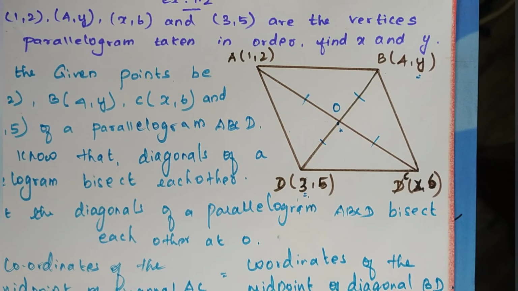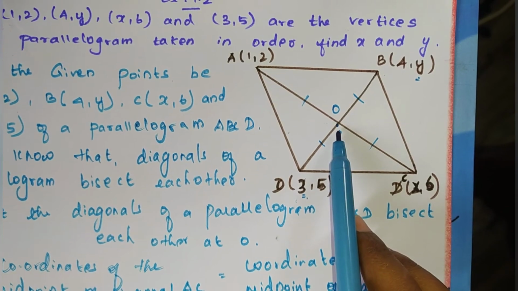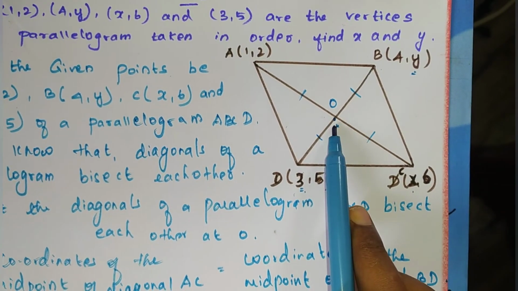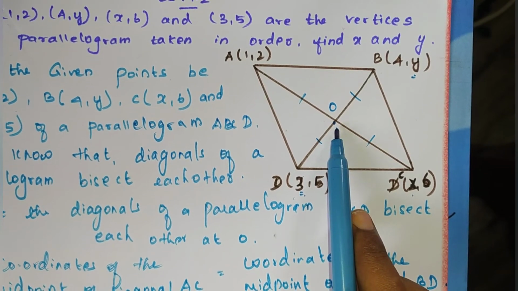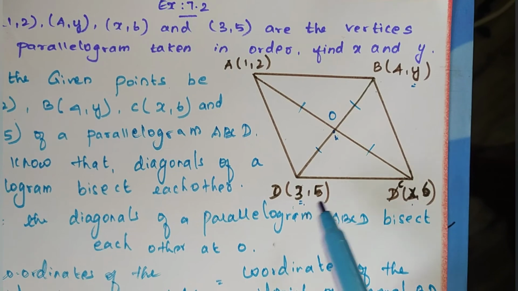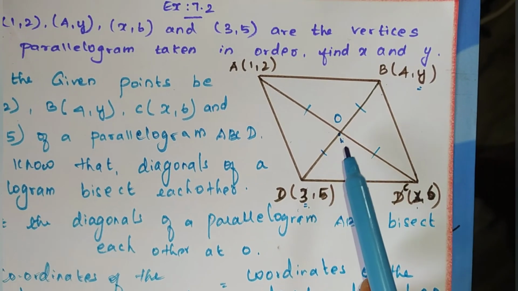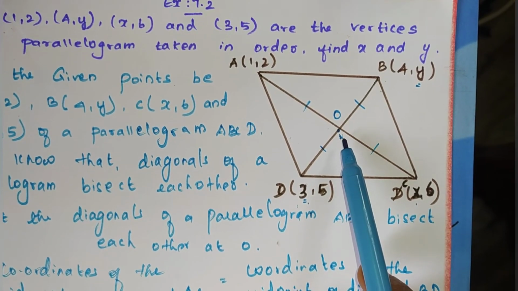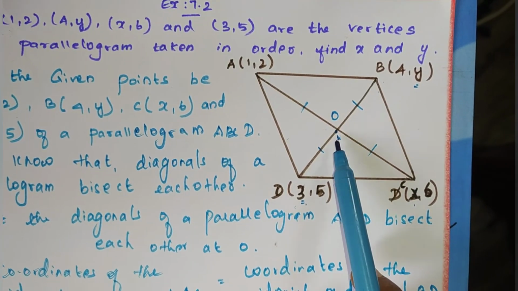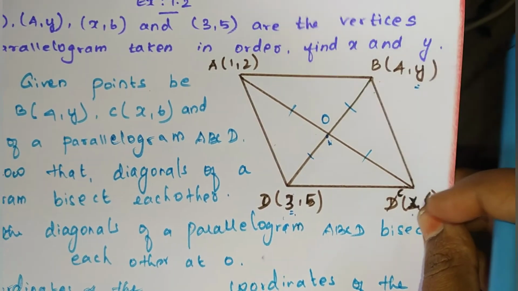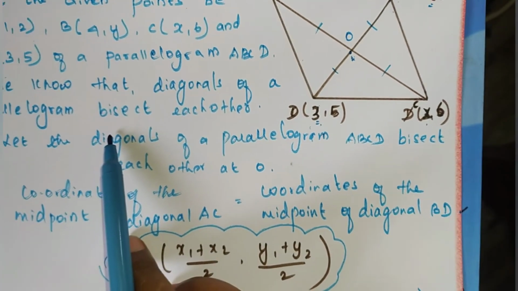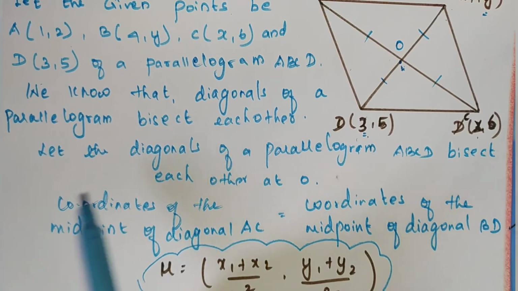Clear, children? So how can we find the midpoint? For A and C, by using the midpoint formula we can find O. Similarly, with the B and D coordinates, by using the midpoint formula we can find the bisecting point.